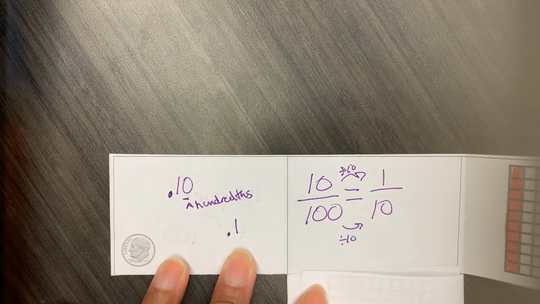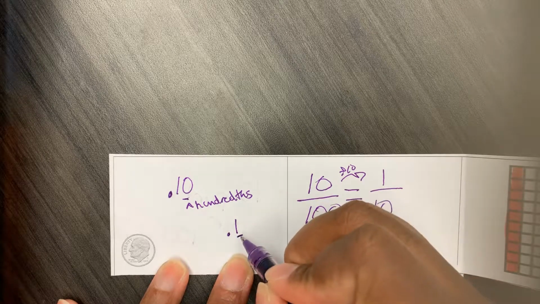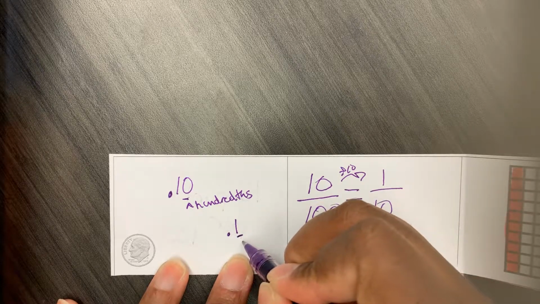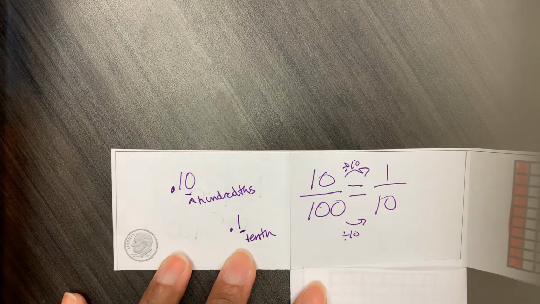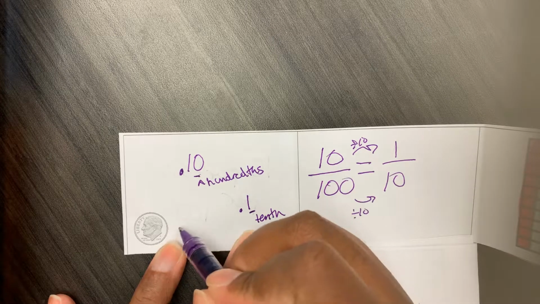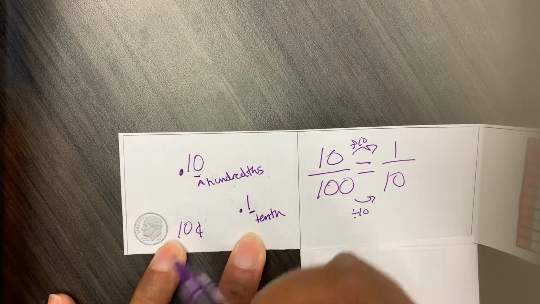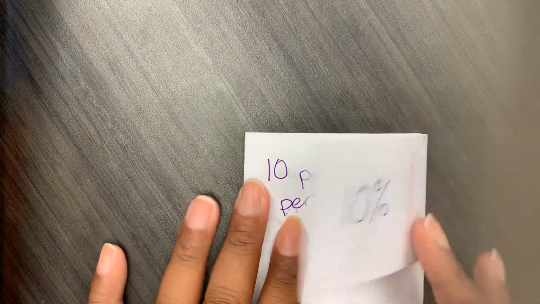So we can shorten it to 0.1 because we just left off the 0, even though it's really still there. So that's how we'd see it as a decimal. And then we have off to the side 10 cents, because you see that out and about when you're paying for items.